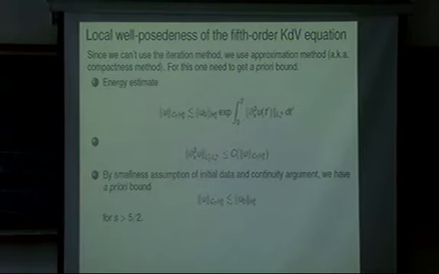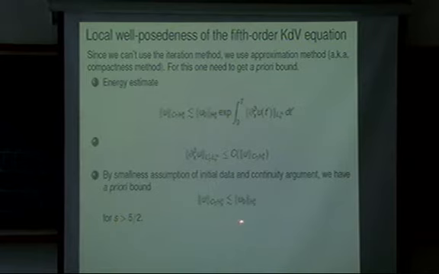Okay, by using these two estimates, we can easily conclude the local well-posedness. But the crucial thing is to find the a priori bound. Once we present how to find the a priori bound, most experts on this method believe that it is locally well-posed. So at this time, I'm going to speak about the a priori bound.